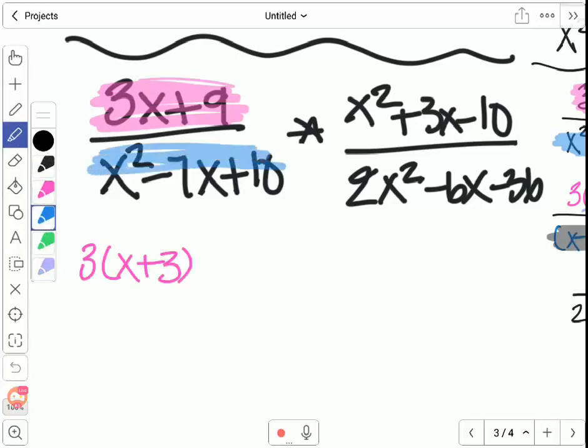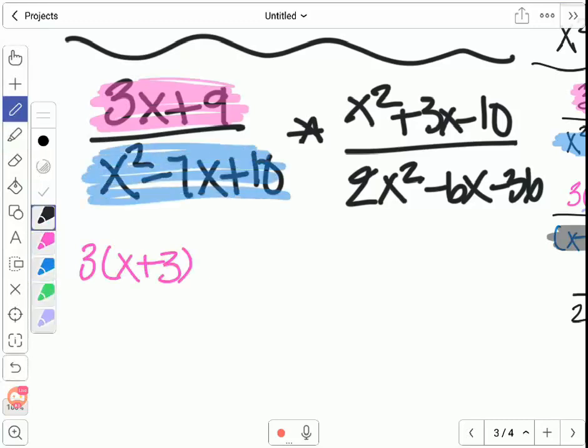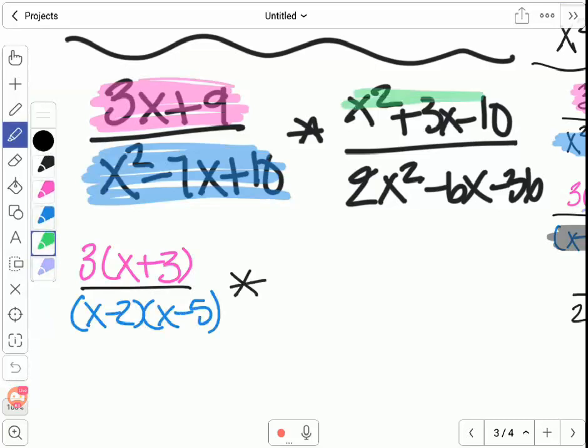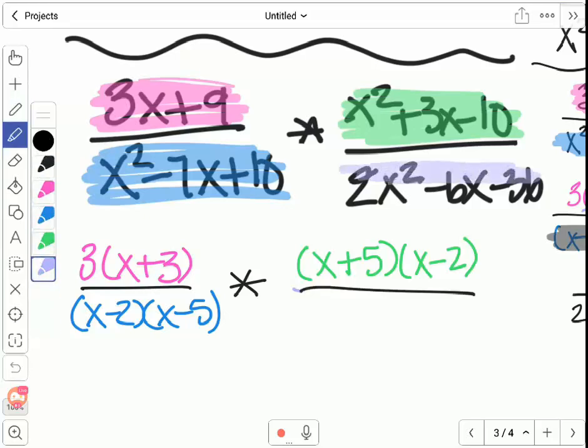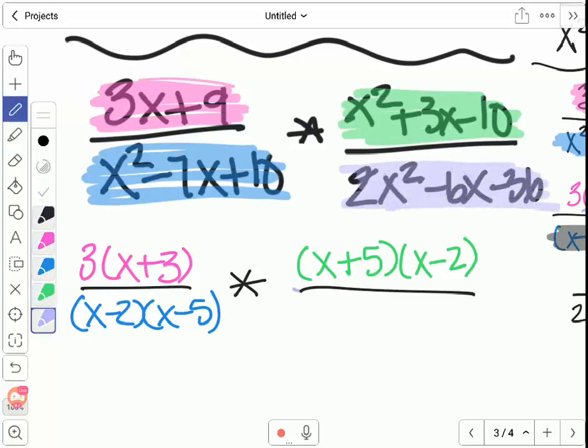And then x squared minus 7x plus 10 again factors into x minus 2 times x minus 5, times x squared plus 3x minus 10, which is going to factor into x plus 5 times x minus 2, and then divided by 2x squared minus 6x minus 36, and that is going to become 2 times x minus 6 times x plus 3.